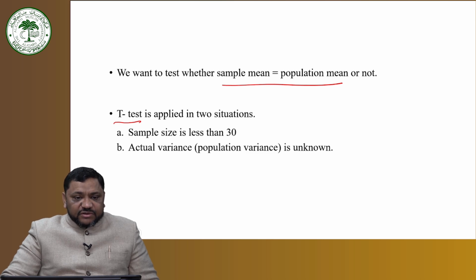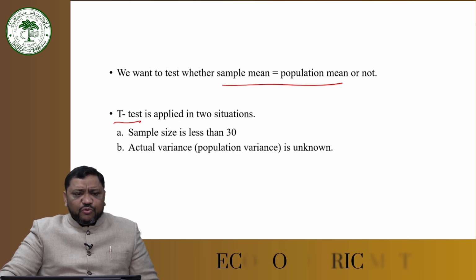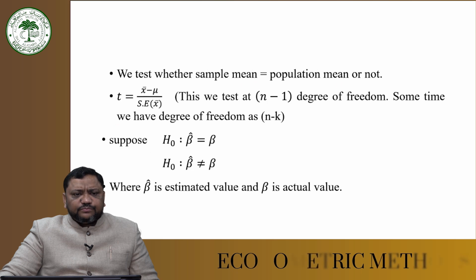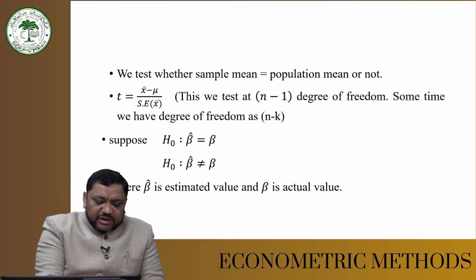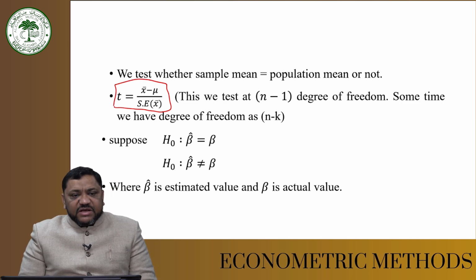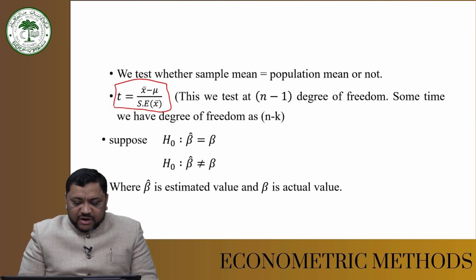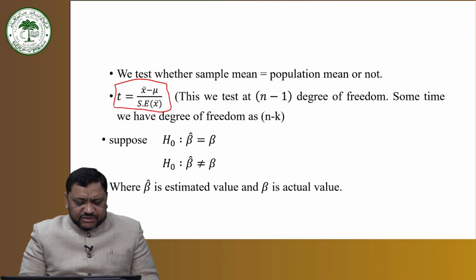Even if the sample size is more than 30, we use the t-test because in most cases the actual variance is not known. The formula for t is x bar minus mu divided by the standard error of x bar. This we test at n minus 1 degrees of freedom.